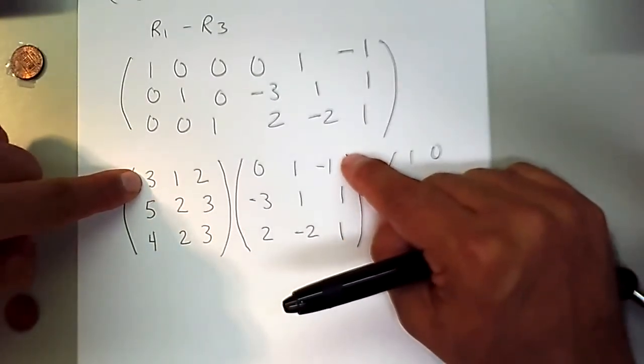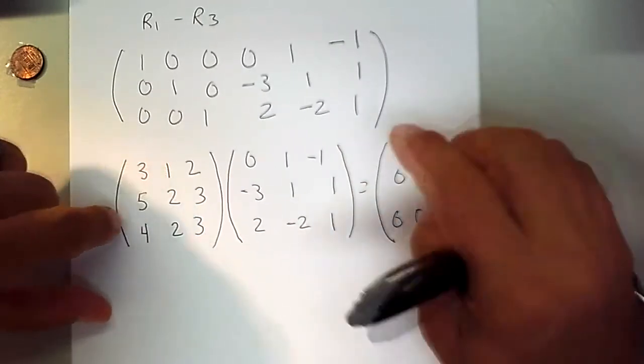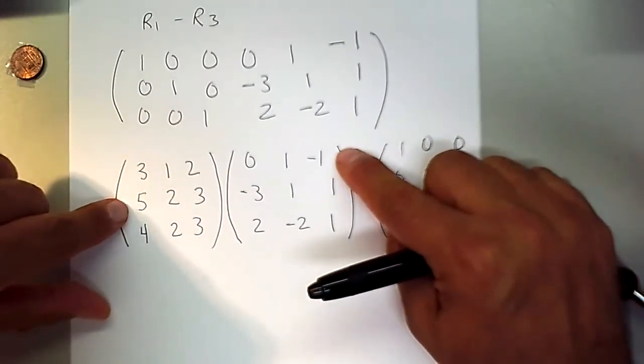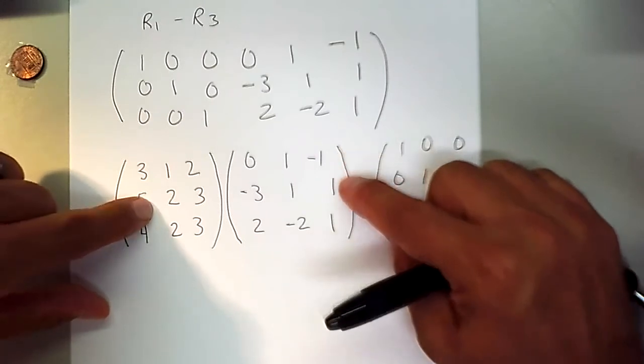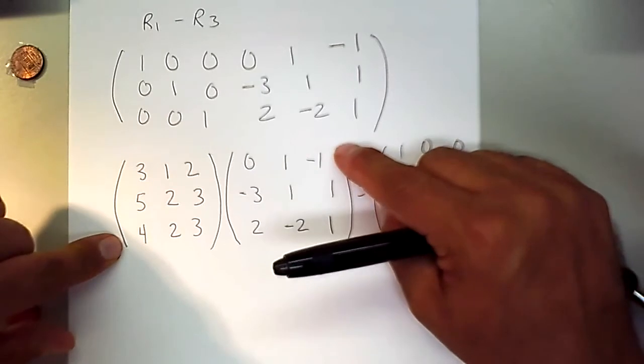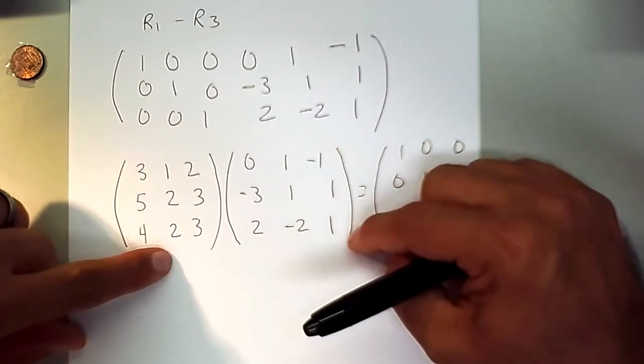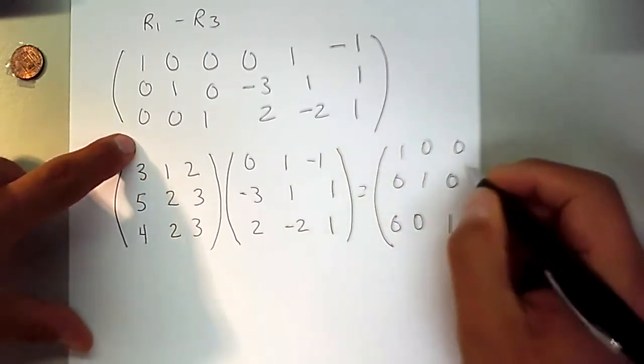Negative 3 plus 1 plus 2, 0. Negative 5 plus 2 plus 3, 0. Negative 4 plus 2 plus 3, 1.